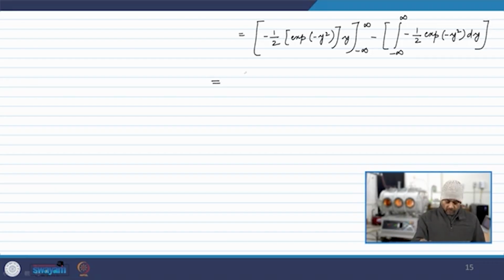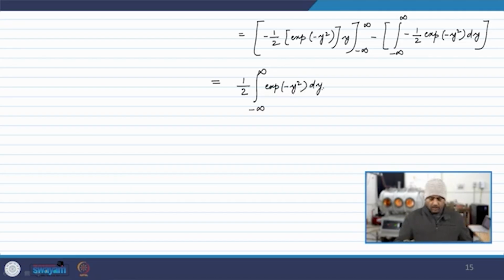So, this will simplify to half the integral from minus infinity to infinity of exponential minus y square dy.